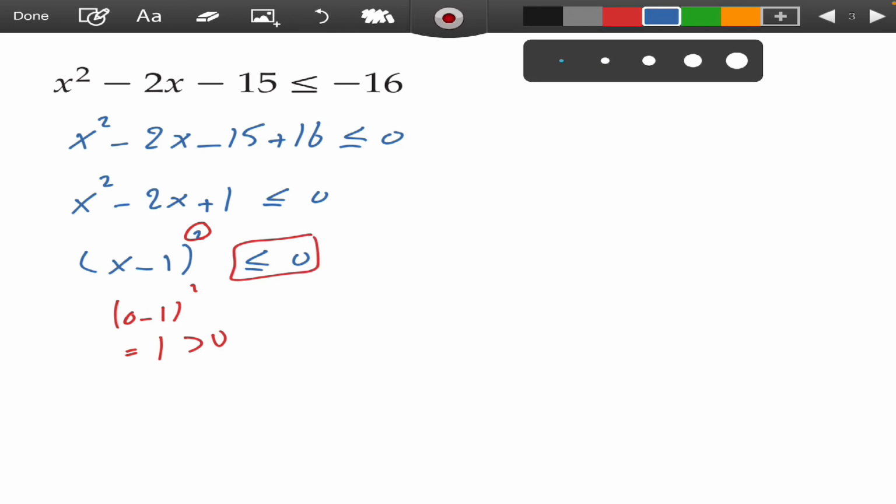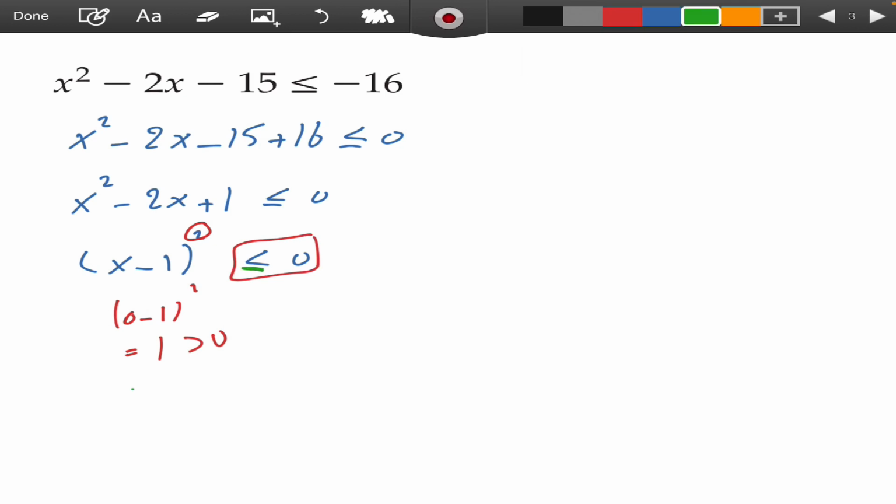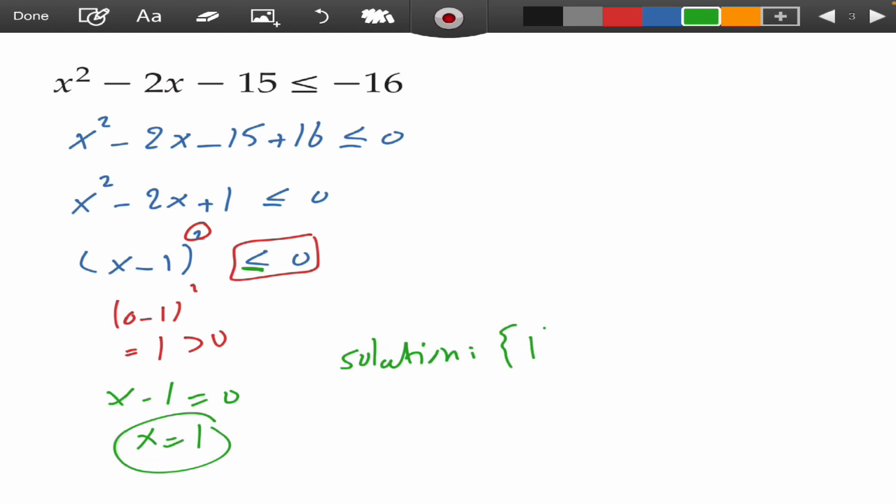No negatives means no solution, but there is the or equal. So we choose the solution where it is equal to 0, and it is equal to 0 when x equals 1. So the only solution is x equals 1. We write it as a bracket and we put the 1 inside.